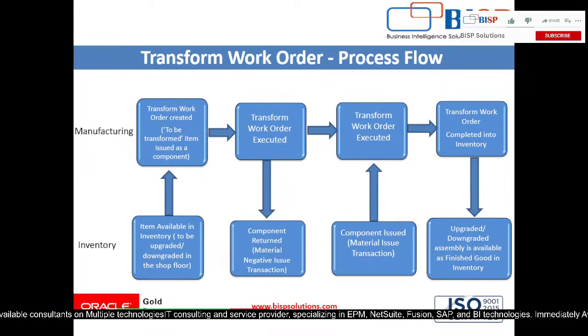So you can see on the screen the business flow diagram of the transform work order process flow, how an assembly in the inventory can transform into another assembly on the manufacturing shop floor. First we execute the transform work order so that we return the component and perform the material negative issue transaction, right?